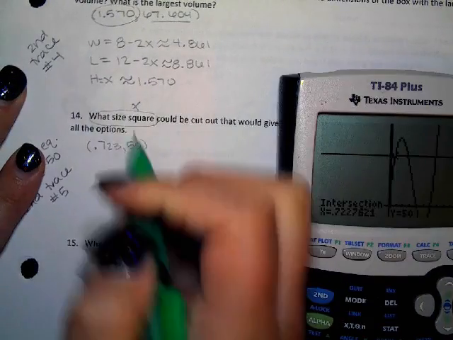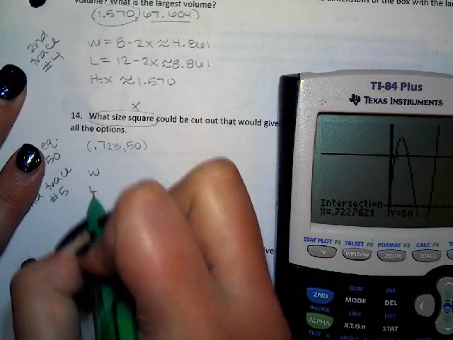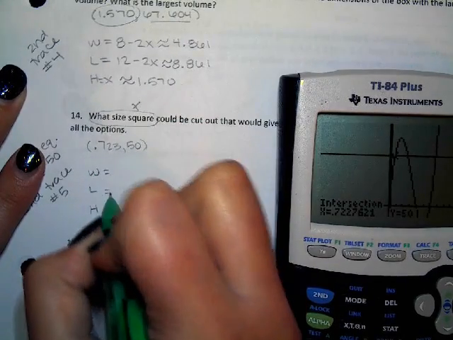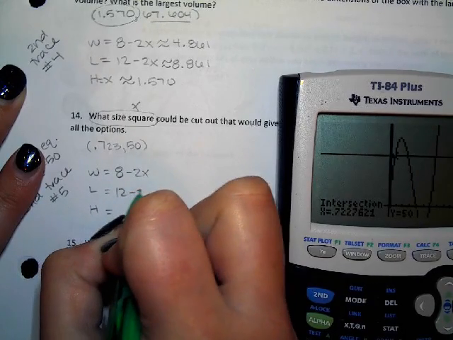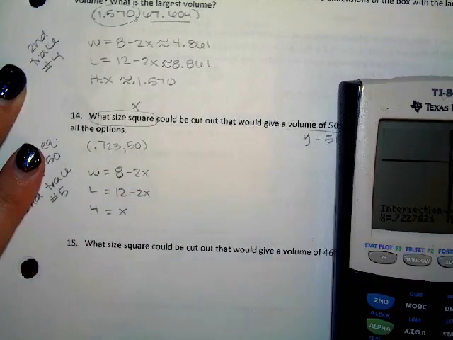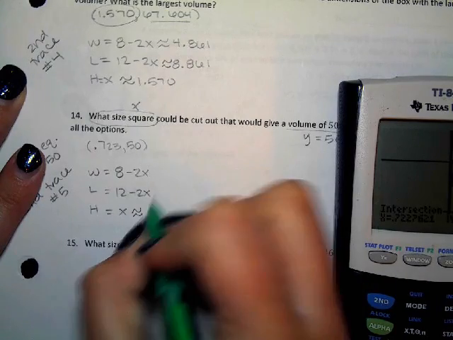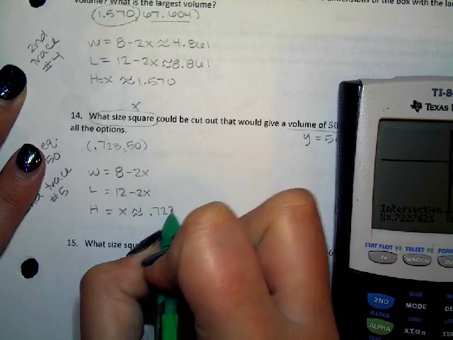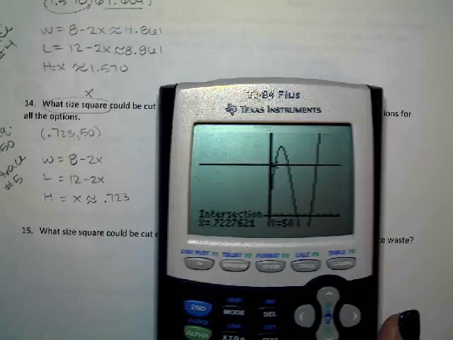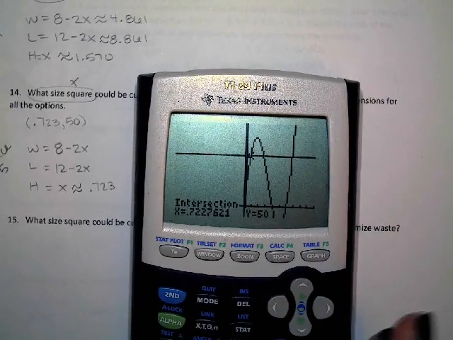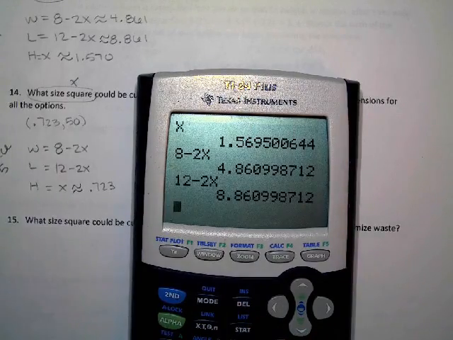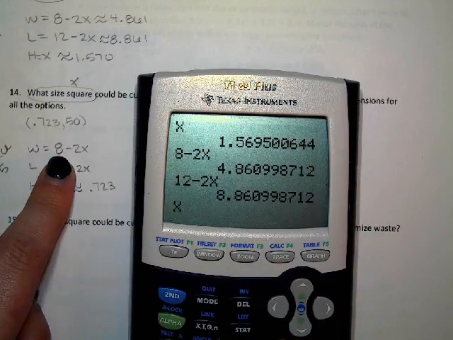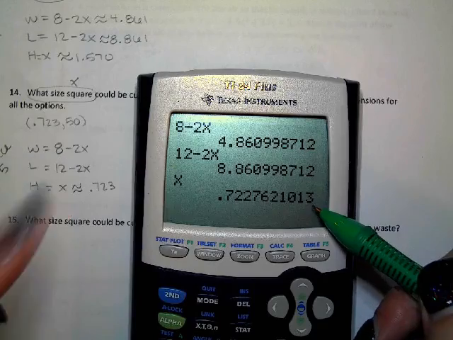But now I'm going to keep this number. While this is on my screen, I'm going to hit second quit. Now if I hit X this time, it overwrote the last X value. I didn't have to clear my calculator. As soon as I found something else on the screen, it immediately overwrote it. So now I can do 8 minus 2x and 12 minus 2x, and there's my new width and my new length.